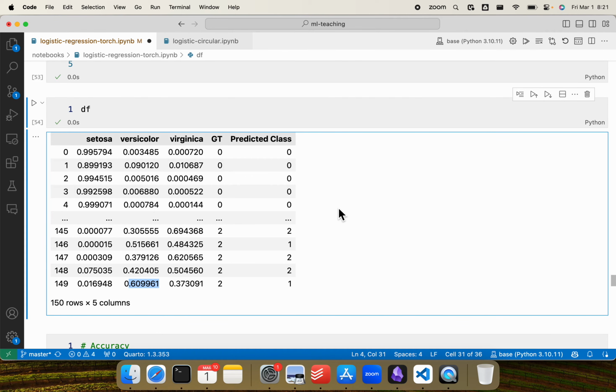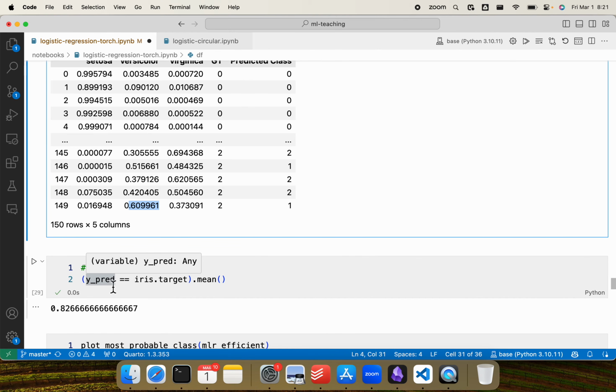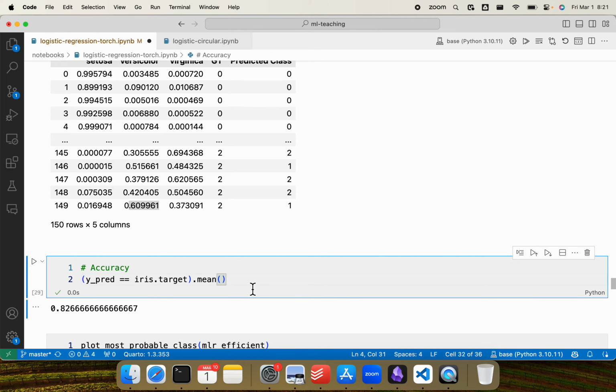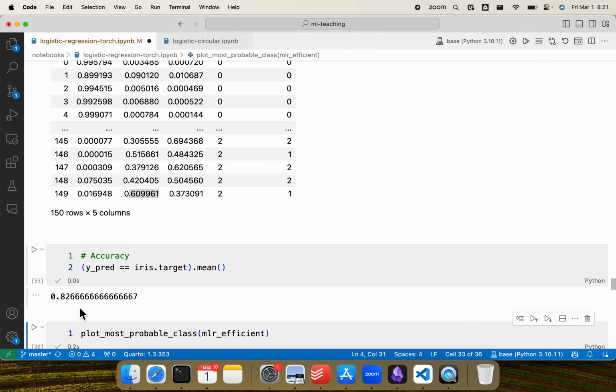Now when we want to compute the accuracy, we just need to count the places where the ground truth is the same as predicted, divided by the total number of examples, which in our case is 150. So we just do y predict equal to iris.target and we just find the average. This comes out to be 82.66% accuracy over the training data set.